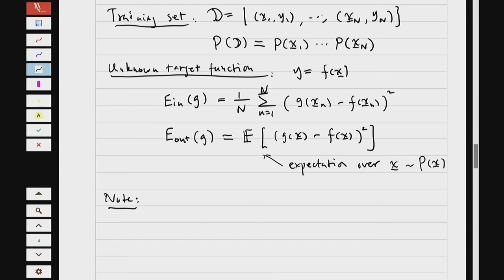So first thing to know is that the final hypothesis g is a function of the data set.